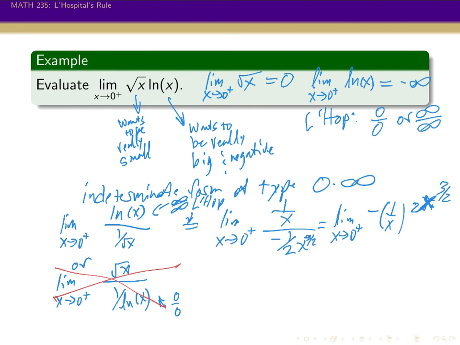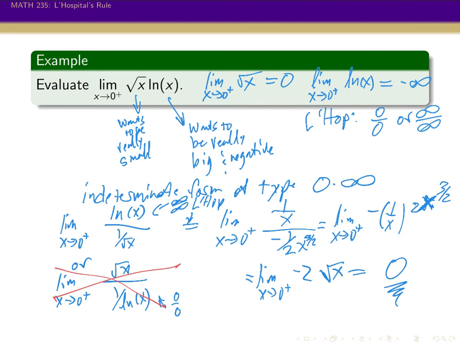And so minus 1 over x times 2x to the 3/2. Simplifying that, I'm going to have a limit as x goes to 0 of minus 2 times just square root of x. And this, I have no problem plugging in 0 as we go to the right. And so this is going to be equal to 0, and we're done. Okay.